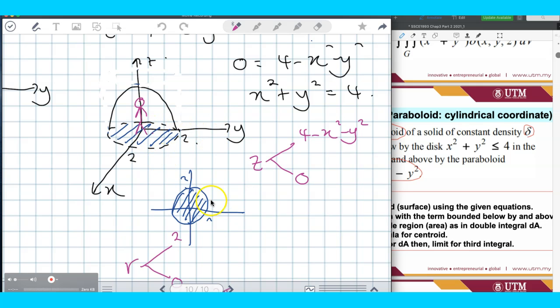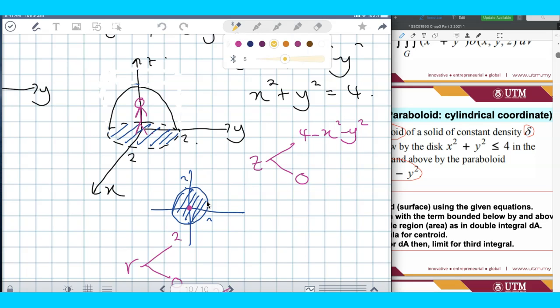The center of this circle on the xy plane is at 0, 0. So we know that x bar and y bar should be located at the origin on the xy plane, which means somewhere along the z-axis. That is the stable point, or the center of mass.